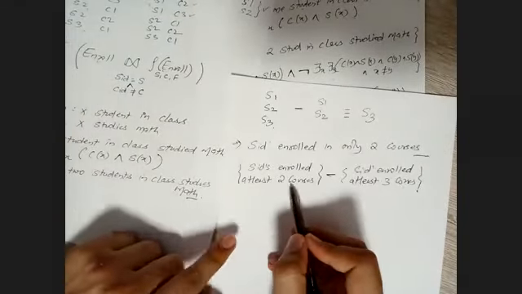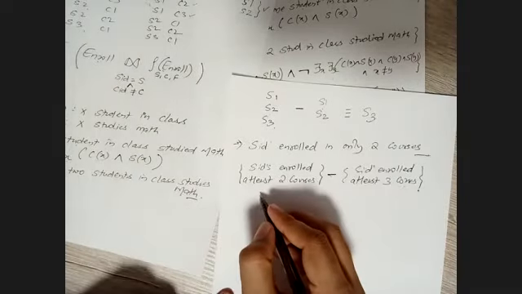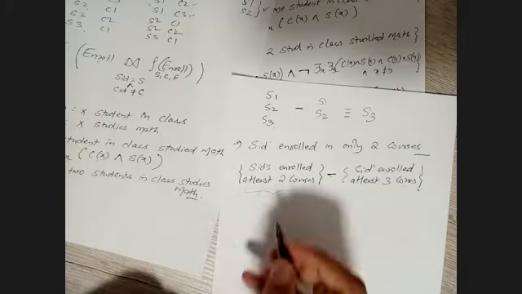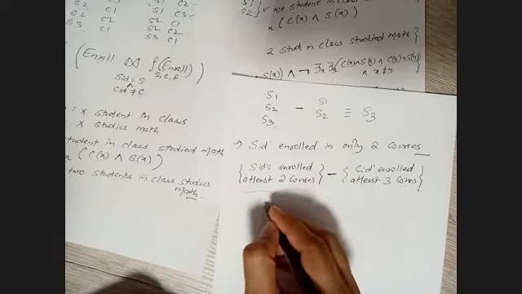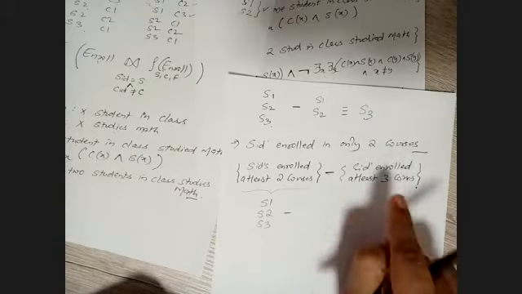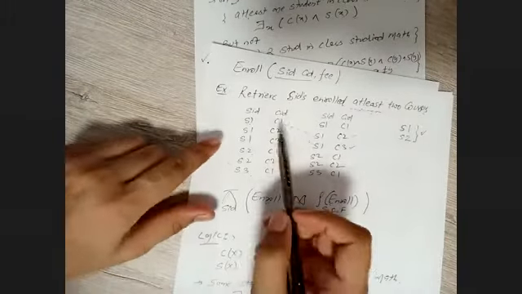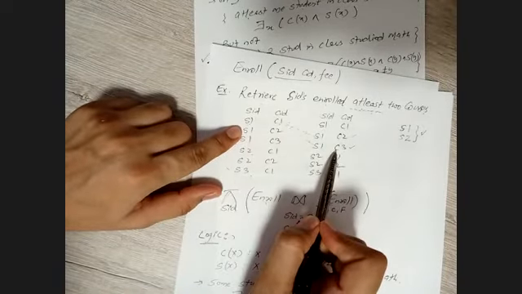Okay, but now let's try out. SID is enrolled in at least two courses. So definitely we will find the SIDs from the enroll table. Yes or no? So from enroll, if you find the SIDs, what will be the values? S1, S2, S3. Now the difference: SID is enrolled in at least three courses. How will we find at least three courses? See, S1: again we will compare with the same condition.